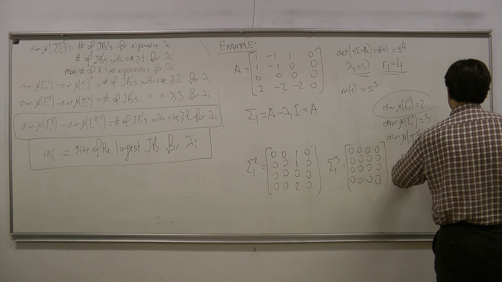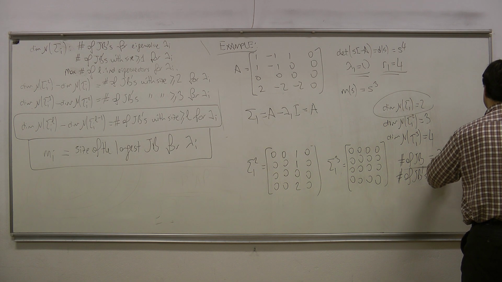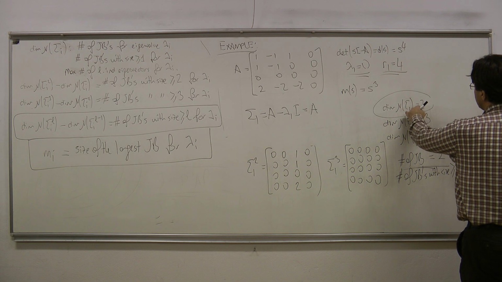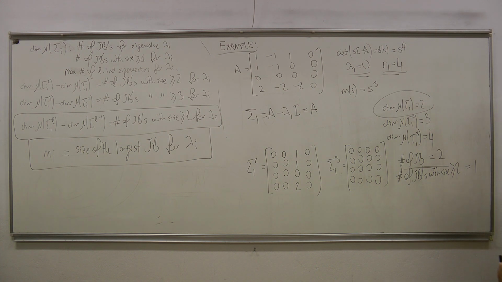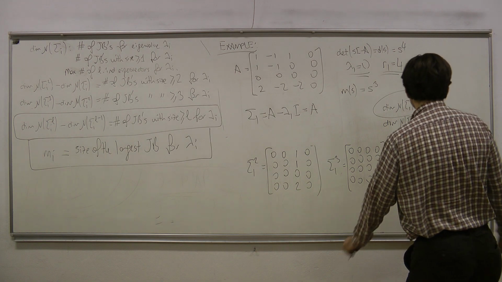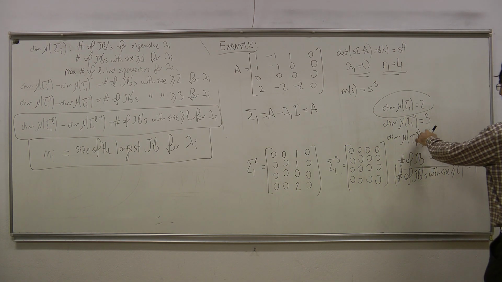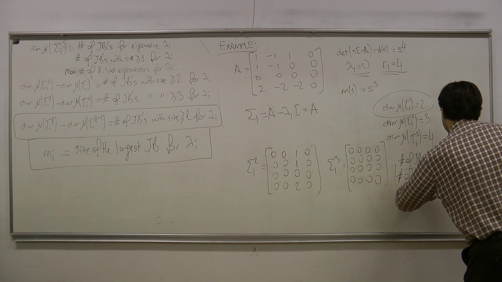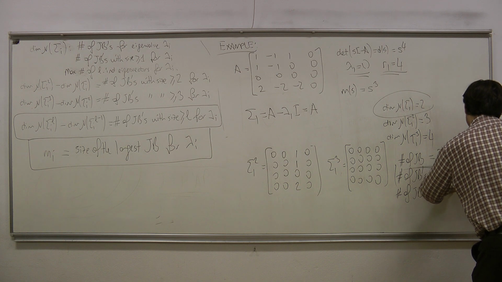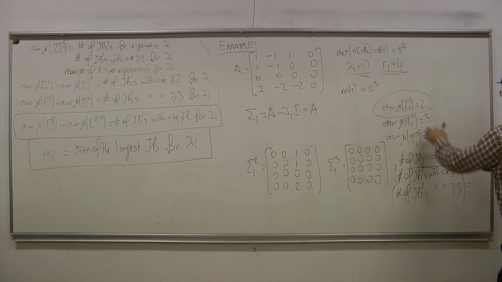The number of Jordan blocks with size larger than or equal to 2 is this difference, 3 minus 2, which is equal to 1. And the number of Jordan blocks with size larger than or equal to 3 is equal to this difference, which is 1.